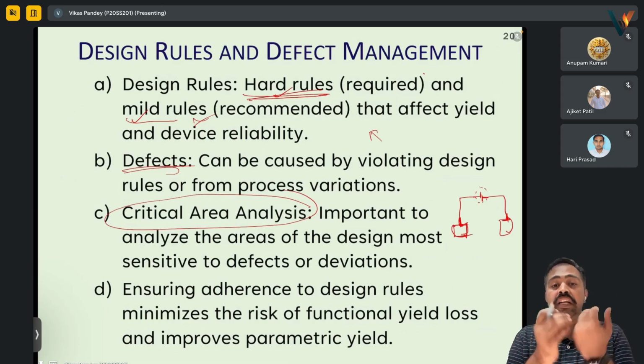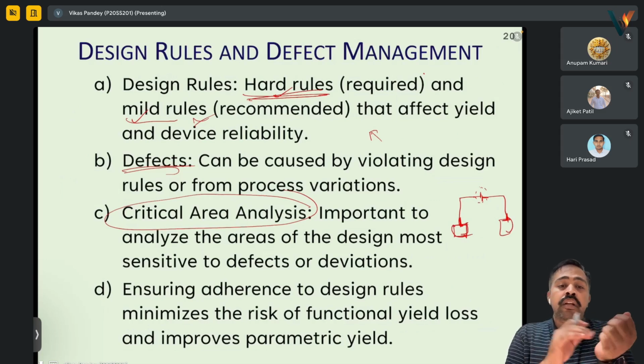So such critical areas have to be analyzed because these are the areas most sensitive to defects or deviations. Ensuring adherence to design rules minimizes the risk of functional yield loss and improves the yield.